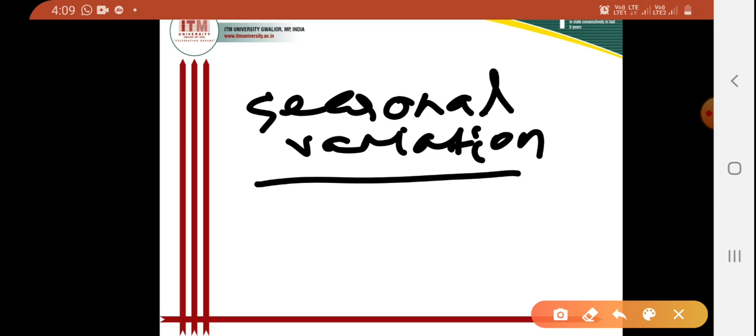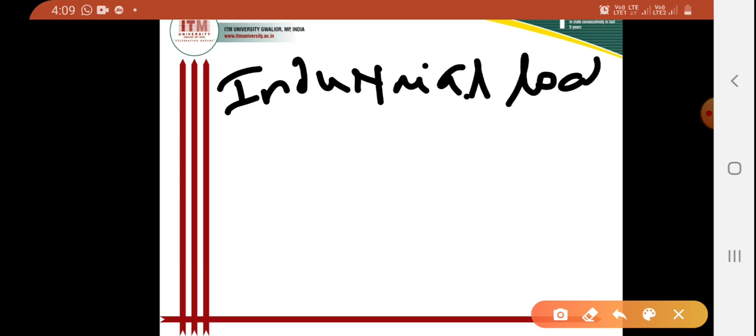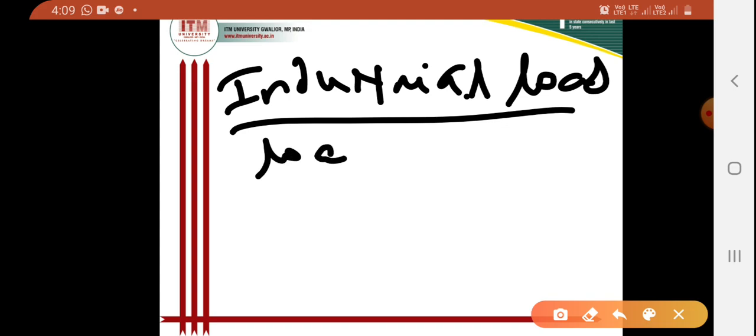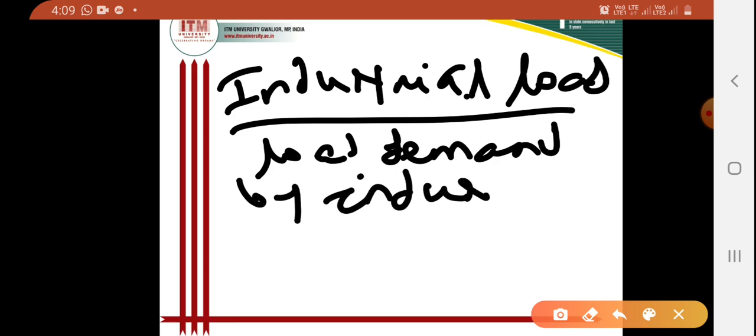So now I am coming to industrial load. When I discuss industrial load, I can tell you that this kind of load consists of the load demand by industries, and the magnitude of industrial load depends upon the type of industry.